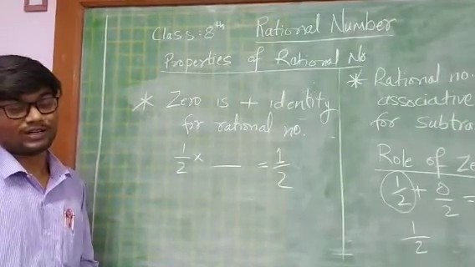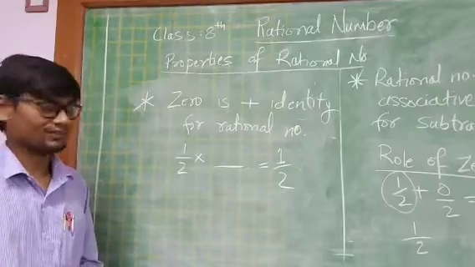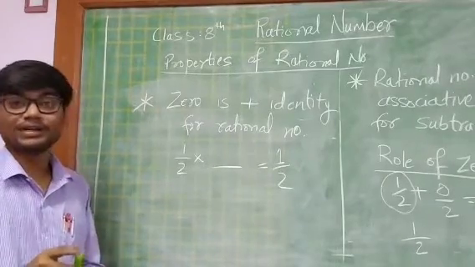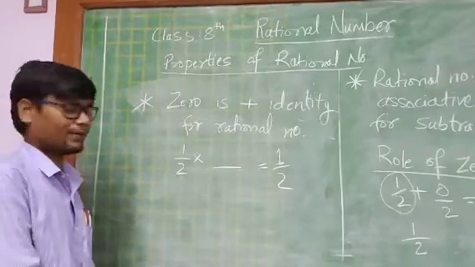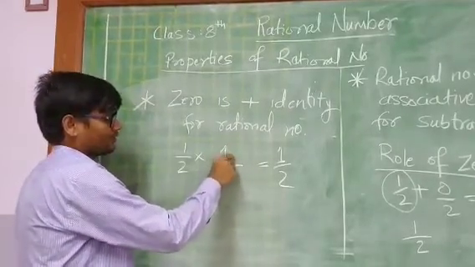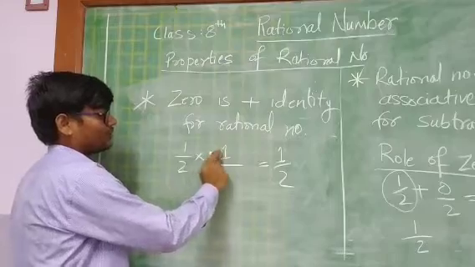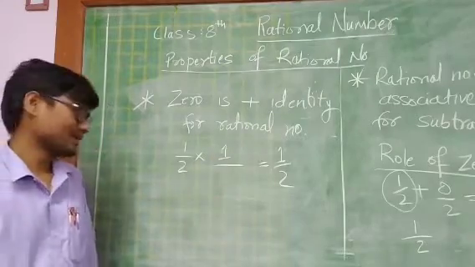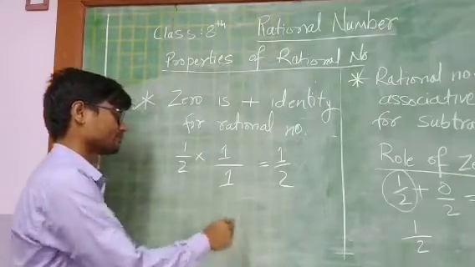Yes, we have already seen such a number, that is 1. When we multiply any number with 1, we get the same number. So let us multiply this number with 1. This 1 can be written as 1 by 1.